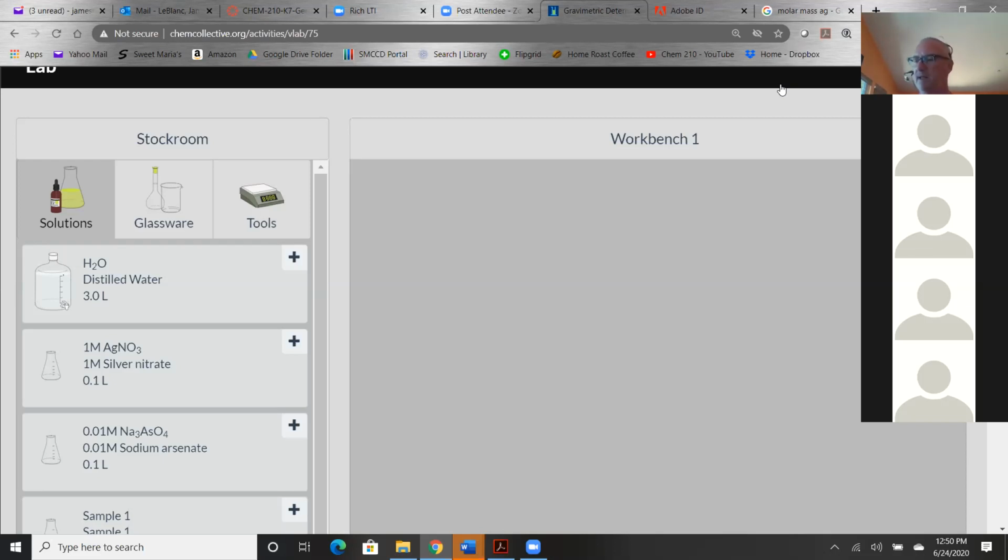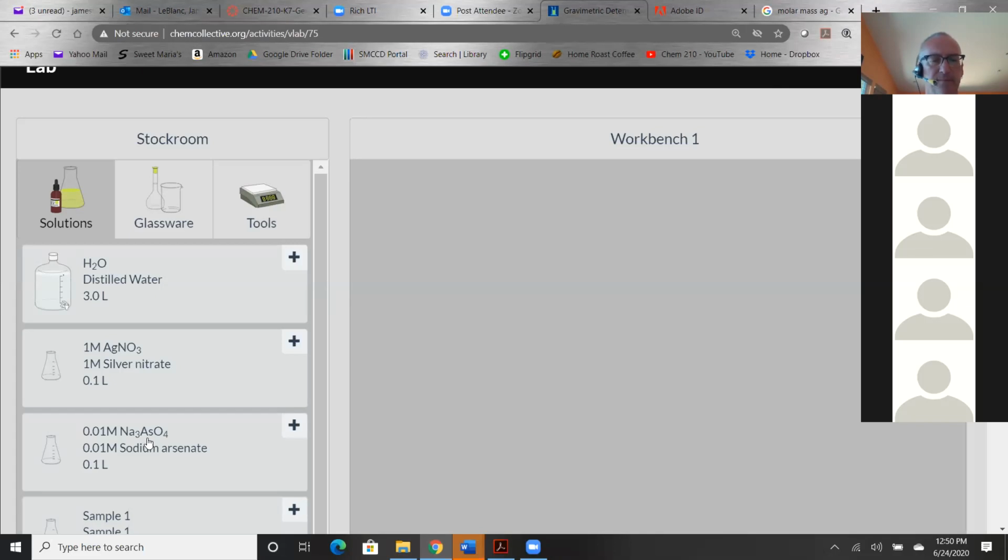So in the procedure, we go to solutions. Can everyone see the workbench of the website? See the little hand on the solutions? Yes. Okay. All right, so we'll go to solutions and we'll select sodium arsenate.